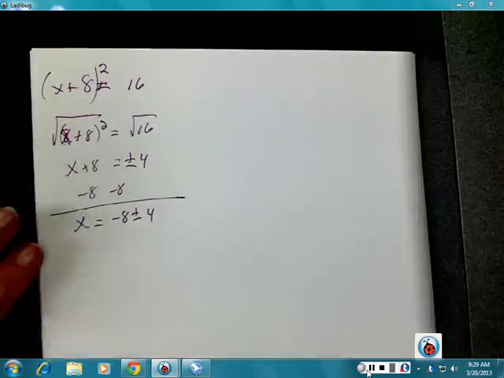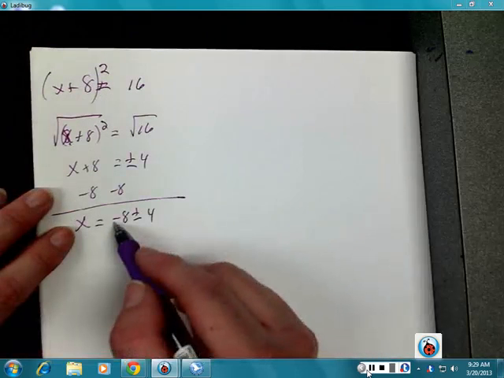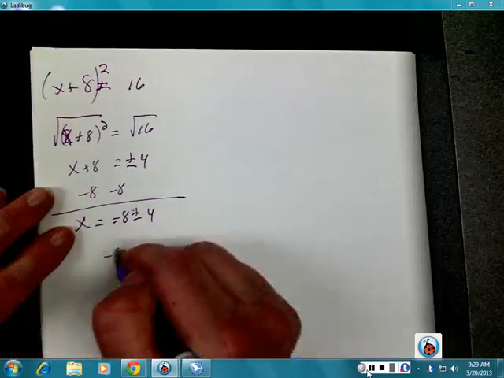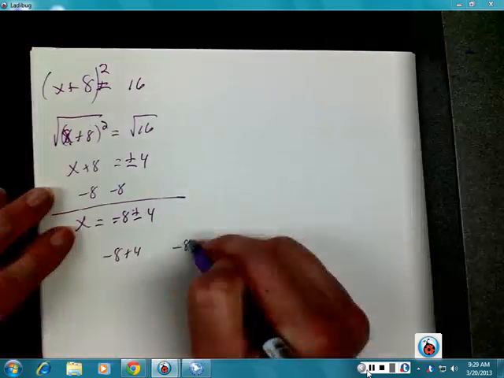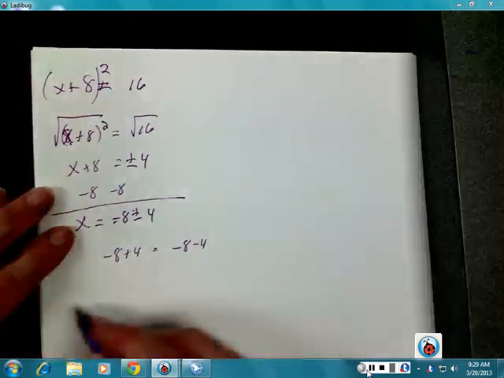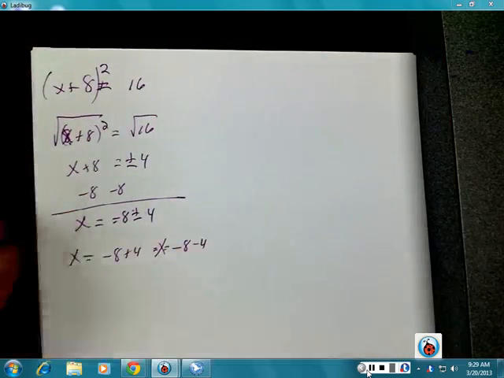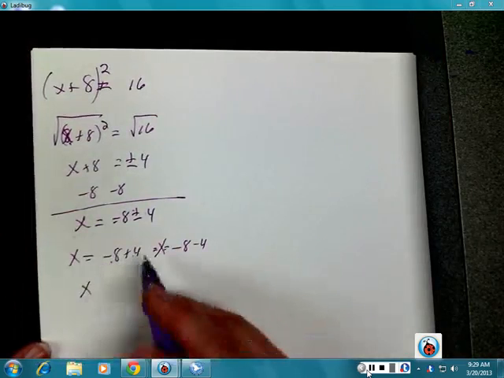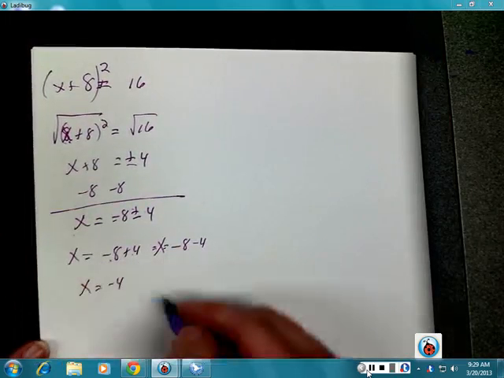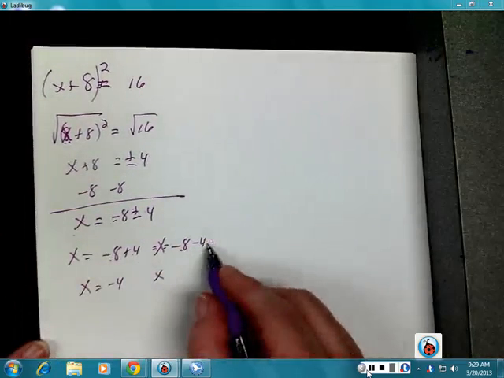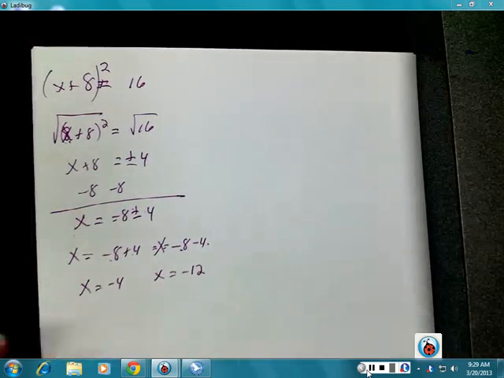And your 2 answers end up being a negative 8 plus 4 and a negative 8 minus 4. And so my one answer is negative 8 plus 4, or negative 4. The other answer is a negative 8 and a negative 4, which is a negative 12. So you get some combinations of stuff in there with that. And so that's what happens to those.